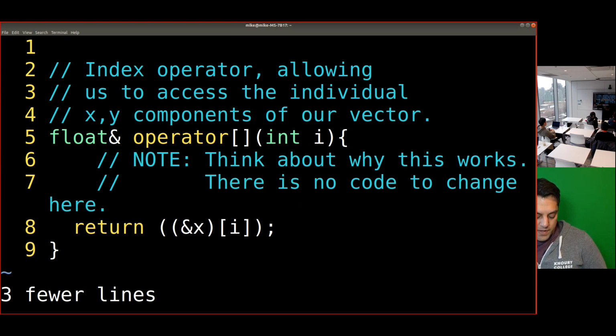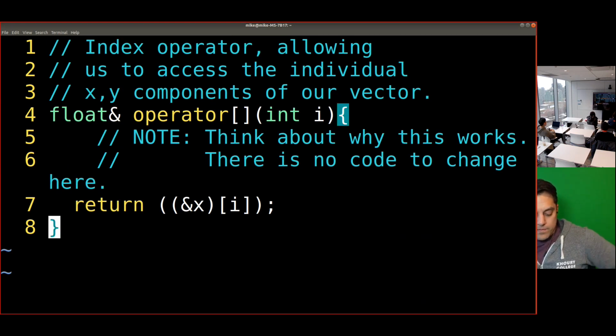So let me go and show you how I've written this C++ code. What I'm saying here is, give me whatever's at the address of x, which is x, y, or w. But if I offset by I, which is an integer, so it's going to be either 0, if I'm just putting in 0, that'll actually give me x here. And that'll give me the actual value that's x.